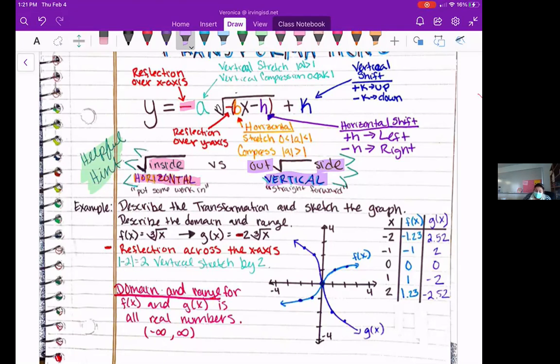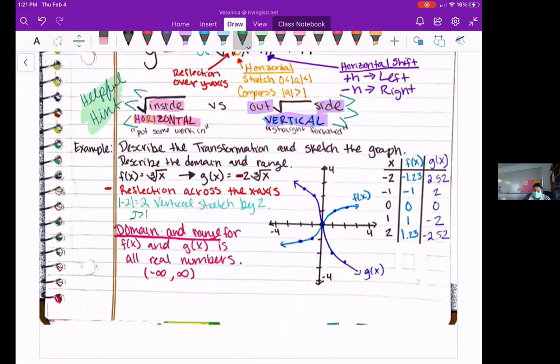And then -2, the absolute value of that is 2. 2 is greater than 1, so it has to be a vertical stretch by 2. Anything that is vertical is straightforward: you can grab the number and it is what it is. Anything that's horizontal, you always have to put a little more work into it. You either have to take the reciprocal of it or you have to factor something out.